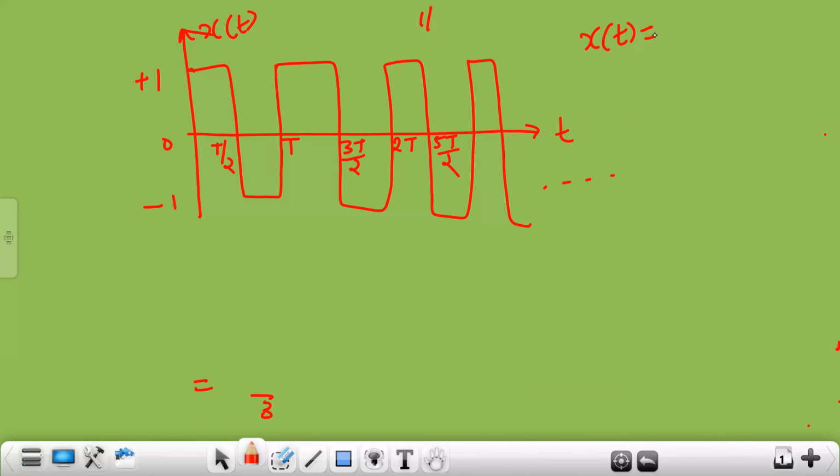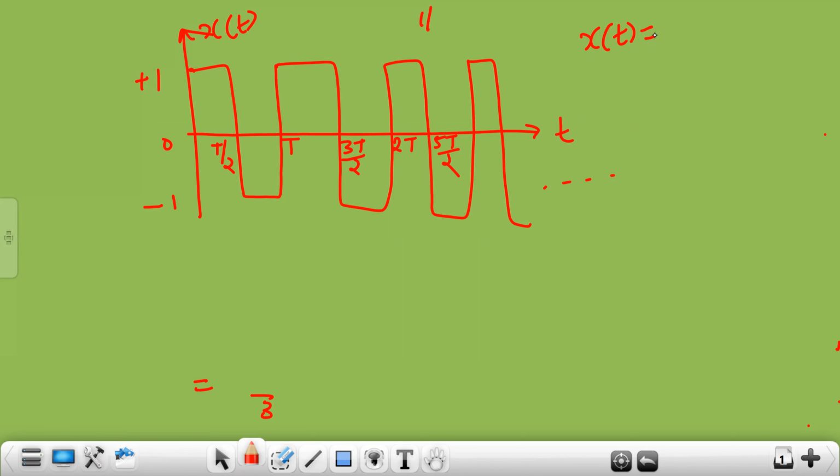So what is this signal's magnitude for the first half cycle? What is the magnitude of the given signal for the first half? 1.